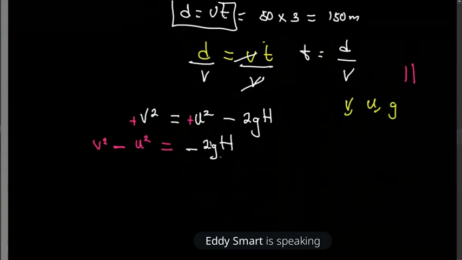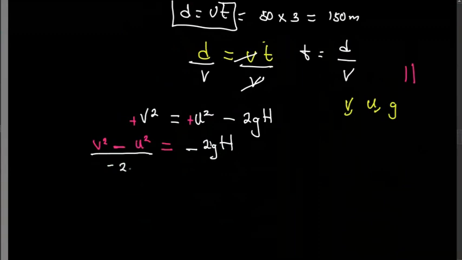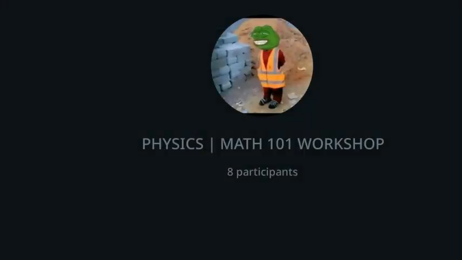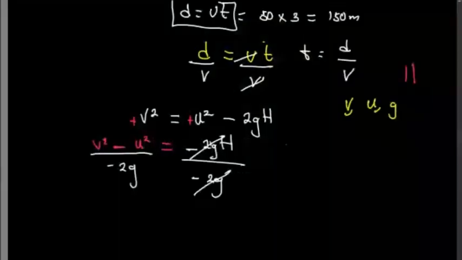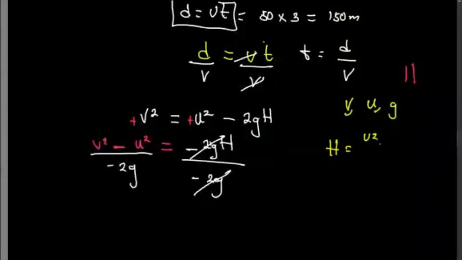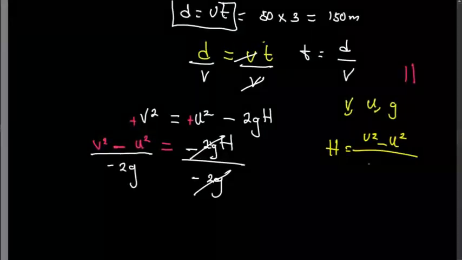Yes, exactly. So now we have to divide both sides by that thing that is making it not stand alone. So dividing both sides by minus 2G, you see minus 2G cancels out, and now we're left with H is equals to V squared minus U squared all over minus 2G.